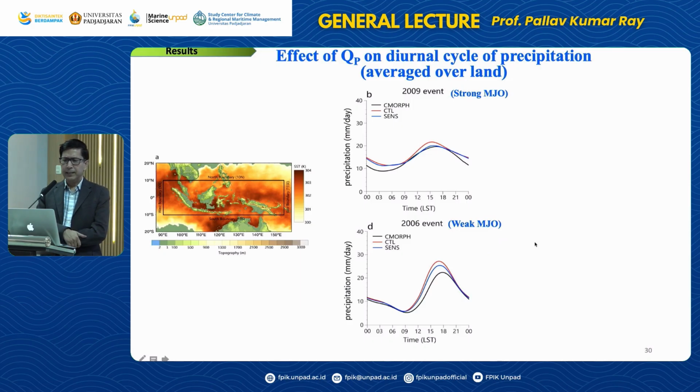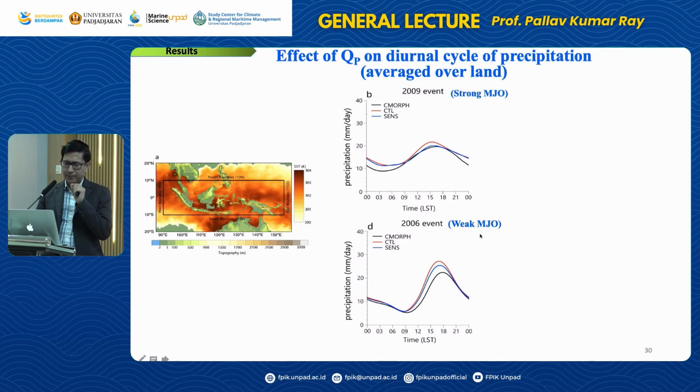This is really an interesting figure. What you are seeing here is that the black line is the observation, all right? The red one is the control simulation, which does not have QP, and the blue line is the sensitivity simulation with QP.